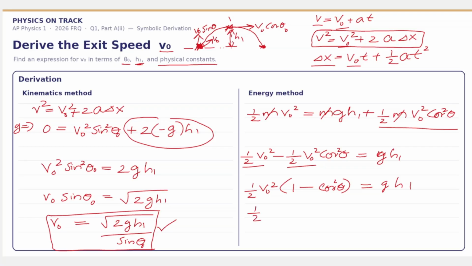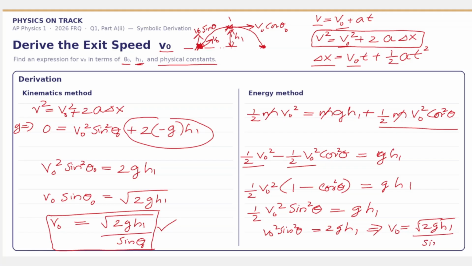So we have 1 half v0 squared sine squared theta equals g h1, and then we can multiply 2 on both sides. So we get v0 squared sine squared theta equals 2 g h1, and then you take a square root on both sides, and then you divide by sine theta. So the final answer, once you solve it, you'll be getting v0 equals the square root of 2 g h1 divided by sine theta.